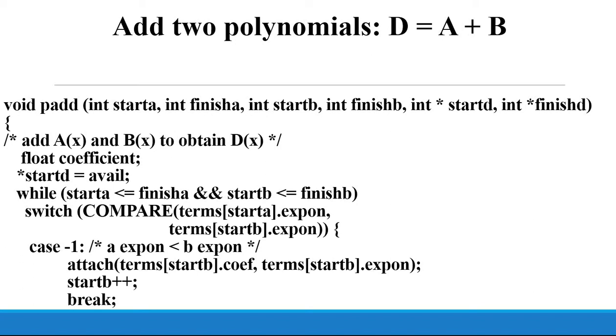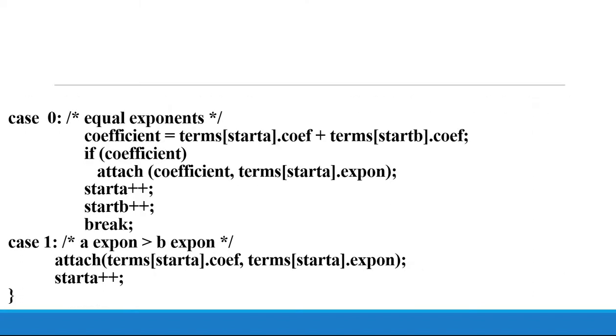The terms are fetched from the single array, and we compare the exponent of terms of start A with the exponent of terms of start B. If the lead term of A is less than the lead term of B, the compare macro will return -1. In such a case, the B polynomial term is the bigger one, and that has to be attached to the destination polynomial, and then we increment B by 1.